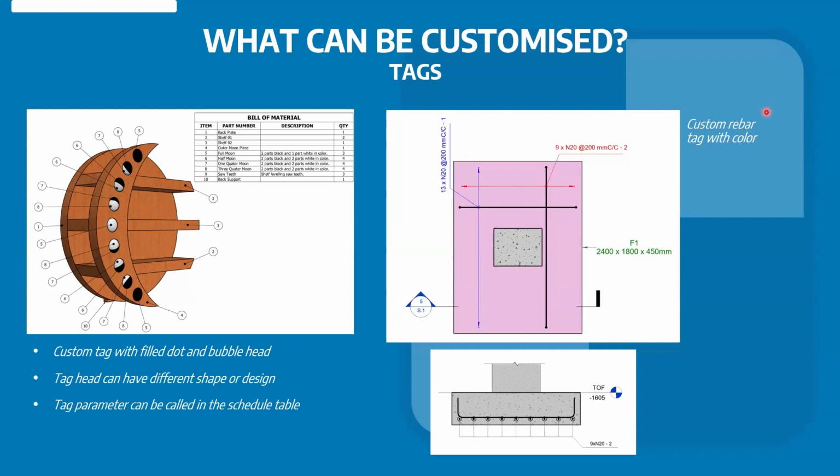We also developed something which is on the right side. That's the Revit rebar tagging. Now, I tried to do some rebar tagging over here. As you can see on the plan view, it's an industry standard kind of representation.